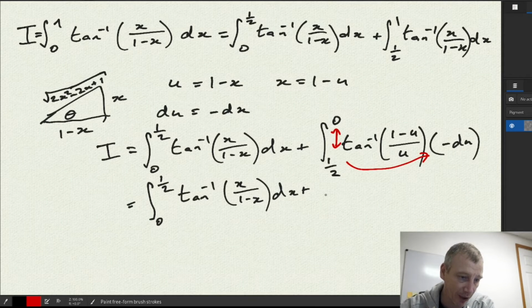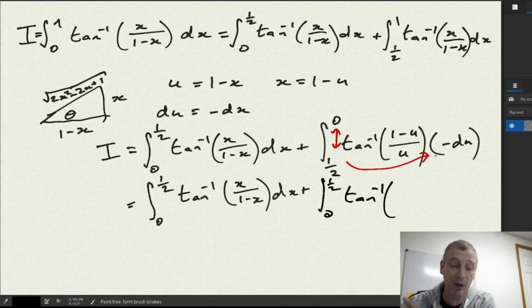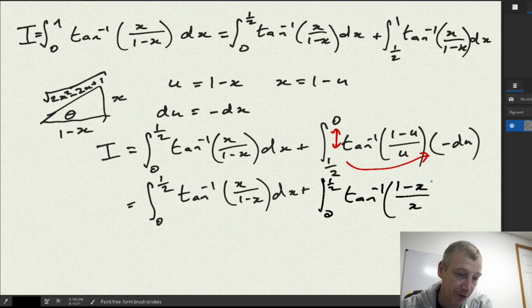So we end up with this being the integral from 0 to a half of tan inverse. The other thing that I can do is, since everything here is in terms of u, I can swap u for x, and it changes nothing, right? So I can go 1 minus x over x dx.